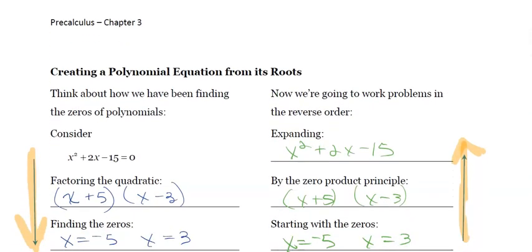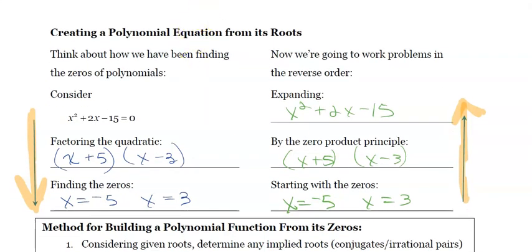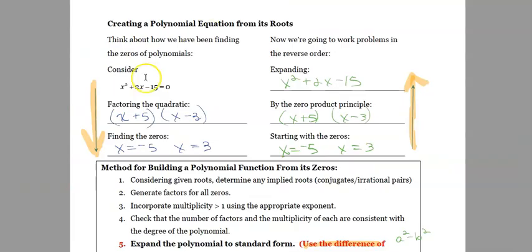Okay, so when we create a polynomial equation from its roots, and when I say create, I mean put it back into standard form. Let me just make this a little smaller so we can see all the steps. You can start here, factor, and then get me the zeros. Or you can start with the zeros, put those as factors, and remember this is x minus a negative 5, and that's why it's x plus 5, by the way.